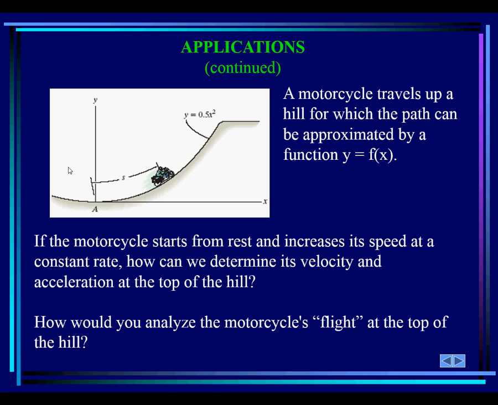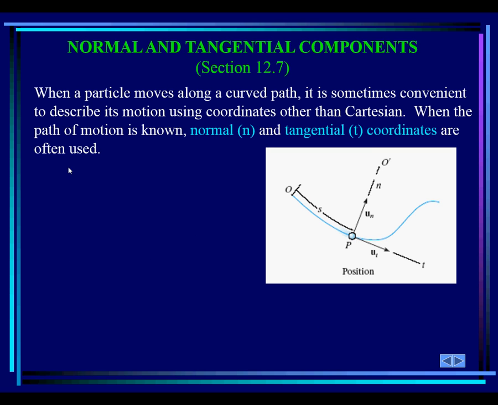So, like in many situations in vehicle reconstruction, you deal with vehicles that become airborne. All right. So when the particle moves along a curved path, it is important to use other than Cartesian coordinates.